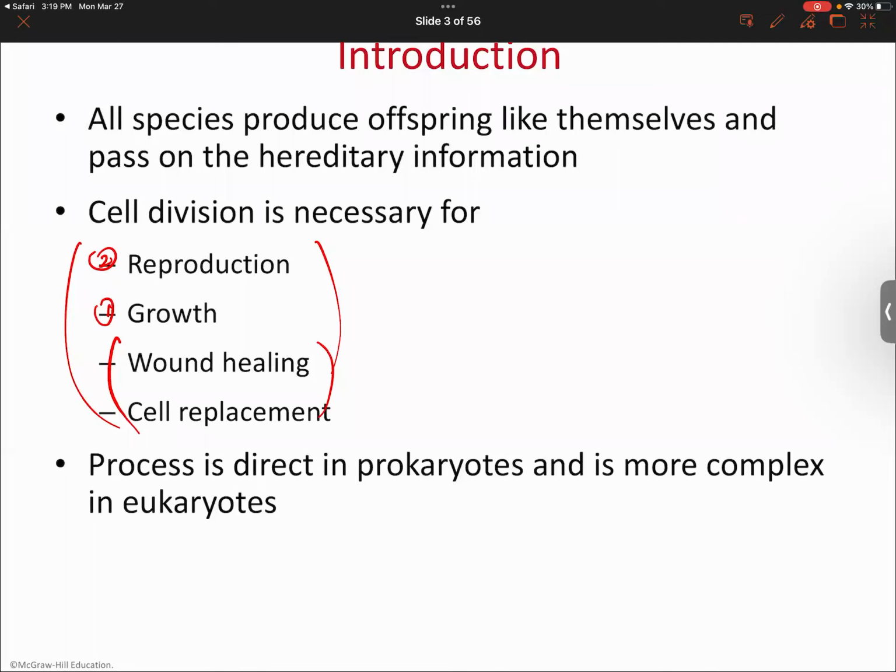For a prokaryote, which is a single-celled organism, reproduction equals cell division. It's really important for all organisms, because without cell division, we just don't have the building materials that we need in order to build our body.